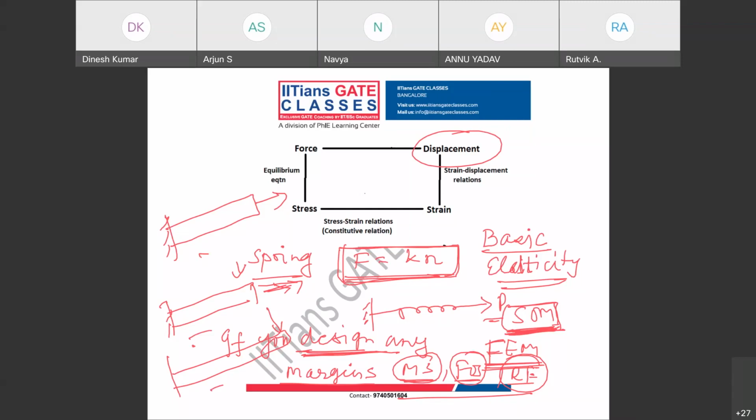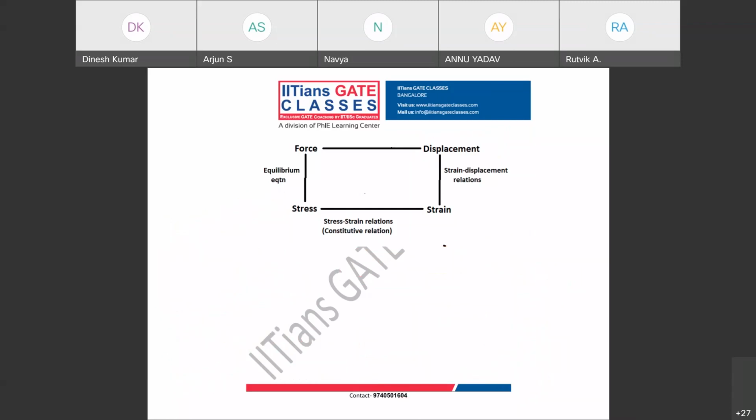So as I mentioned, you always find margins or factor of safety and reserve factor. Now one thing I want to ask you guys: what is the relation between factor of safety and margin of safety? Can anyone tell? 1 minus factor of safety. It is FOS minus 1. Yeah.